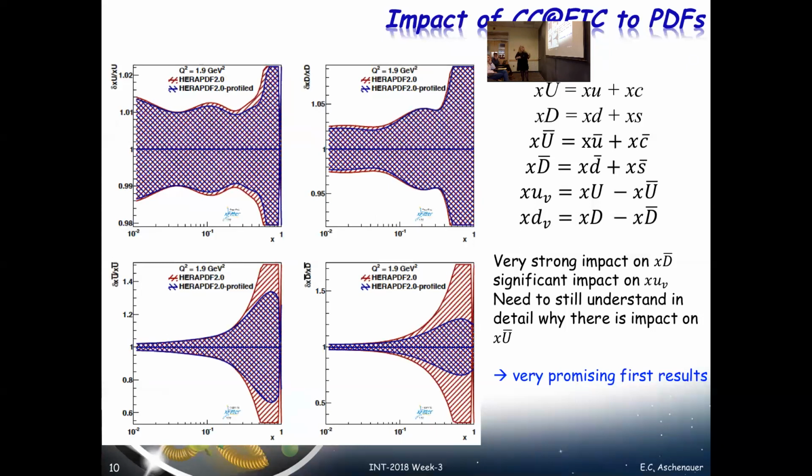That is the world knowledge which we have right now on d bar with the uncertainty before, and then that is if we include into the fit the EIC data. So you get an enormous reduction at high x, and that is also what you expect. Very precise data at the right x range, flavor sensitivity through the charge exchange, and perfect. Then we were first a little bit discouraged here about what actually is equivalent to the valence.